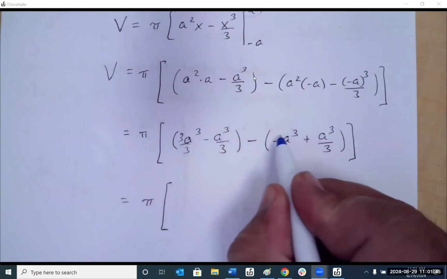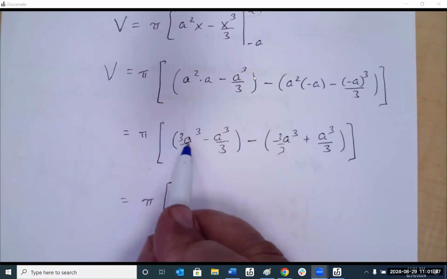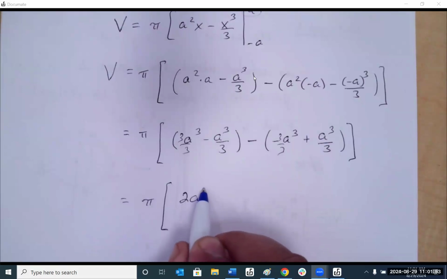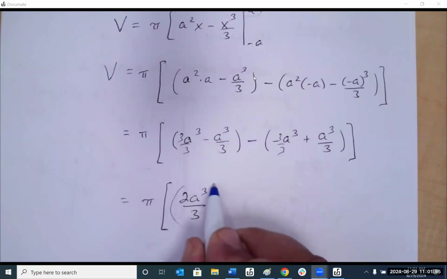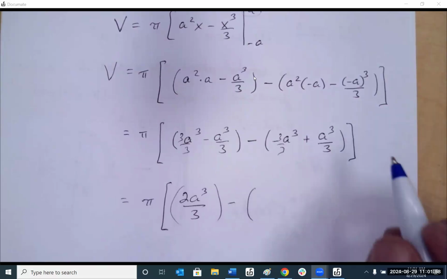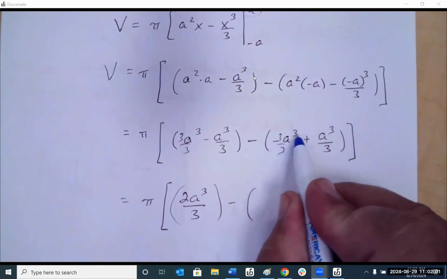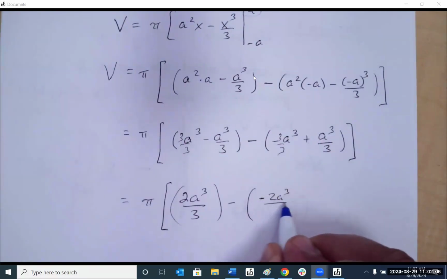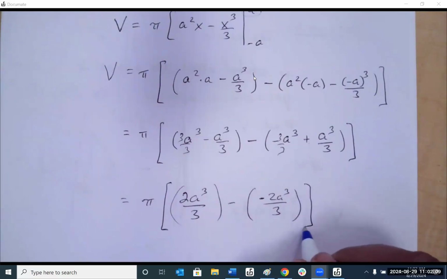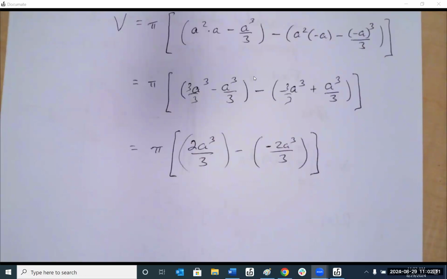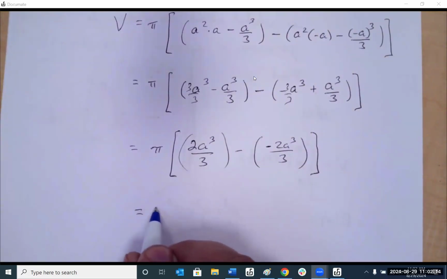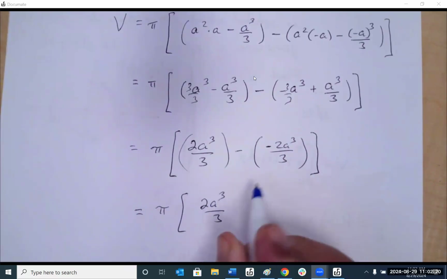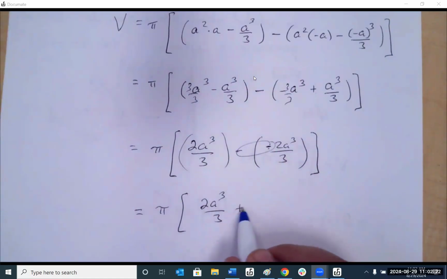Combine like terms, so we have 3 over 3, 3 over 3. So 3a cubed minus 1a cubed is 2a cubed over 3. Negative 3a cubed plus positive a cubed is negative 2a cubed over 3. Those two negatives become a positive.